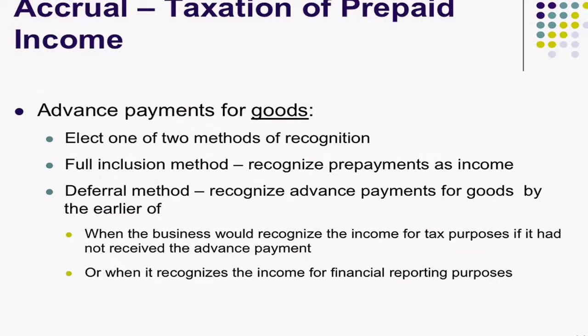Any prepayments that you get for the goods that you're selling under the full inclusion method, you recognize as income. The deferral method is the second method, and you recognize advance payments for goods by the earlier of when the business would recognize the income for tax purposes or when it recognizes it for financial reporting purposes.